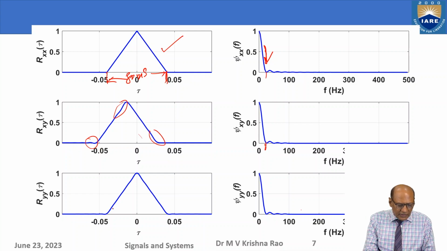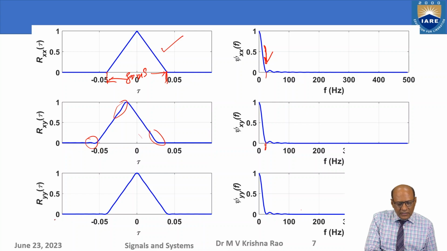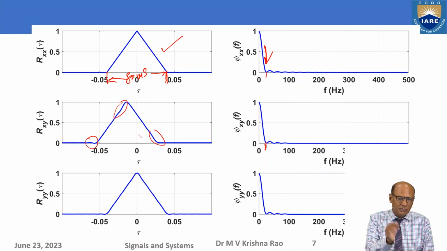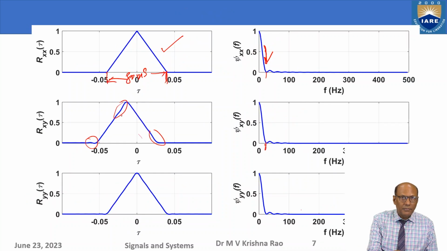Now the same thing here, Ryy. How was I getting Ryy? Ryy equals this Rxy convolved with the impulse response, not the input autocorrelation function. That impulse response is affecting the shape here.